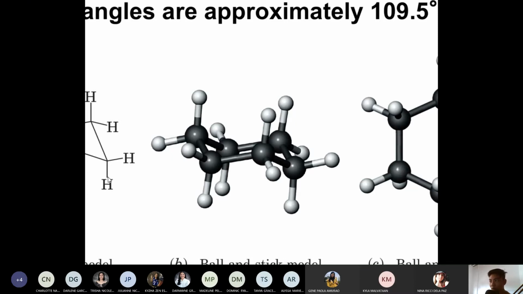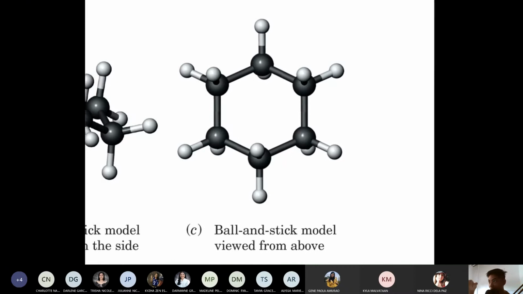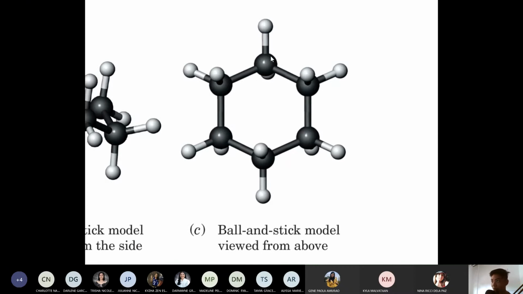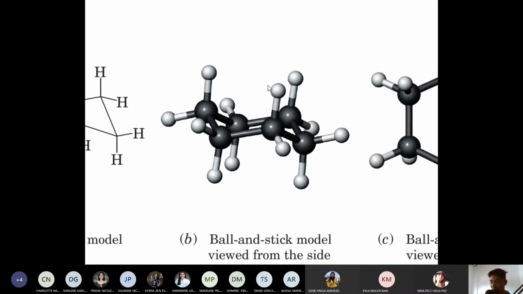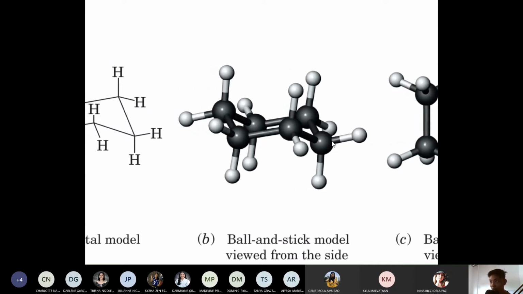All of the carbons are in a tetrahedral formation, tetrahedral geometry. Okay? So, if you view it from above, maging cyclohexane yung kanyang drawing. Pag naka-top view yan, tinignan mo sa taas yung molecule, naka-hexagon siya. However, kapag side view, makikita mo yung kanyang chair conformation. Okay? So, medyo 3D lang yung imagination dapat natin, no?